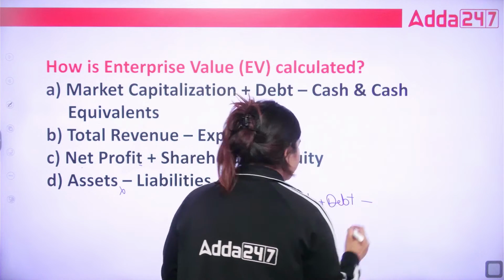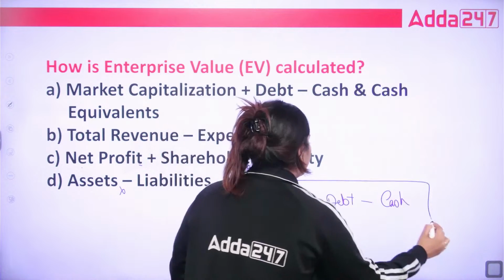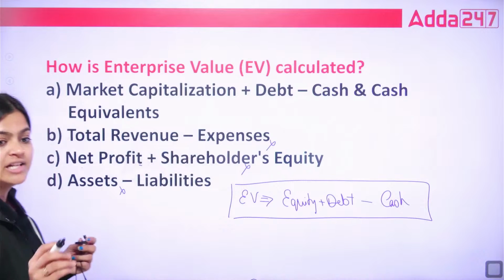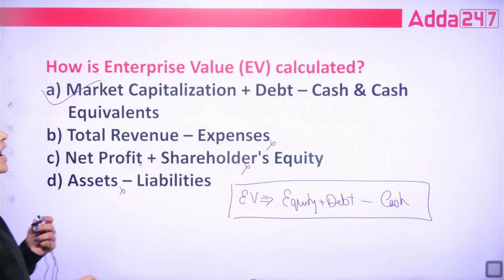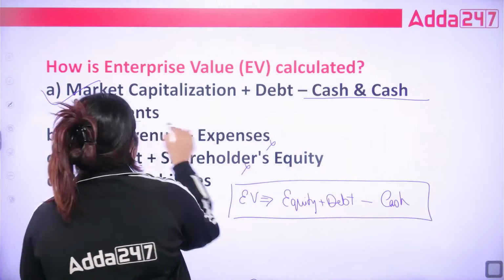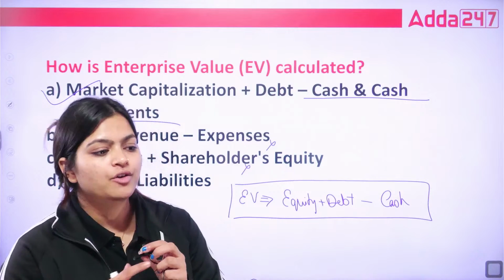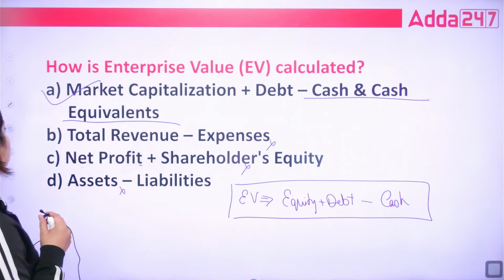Now from this we need to subtract the cash part also. Then only you are going to calculate the true enterprise value. So the correct answer is A. Always you need to subtract cash and cash equivalents, then only you can calculate your enterprise value.